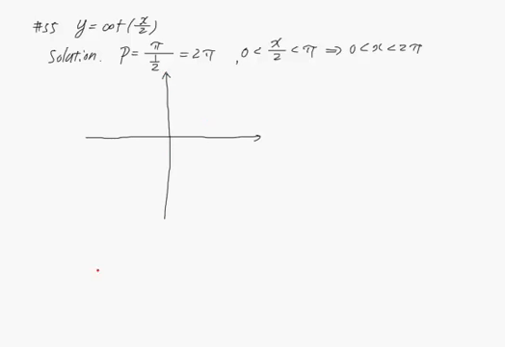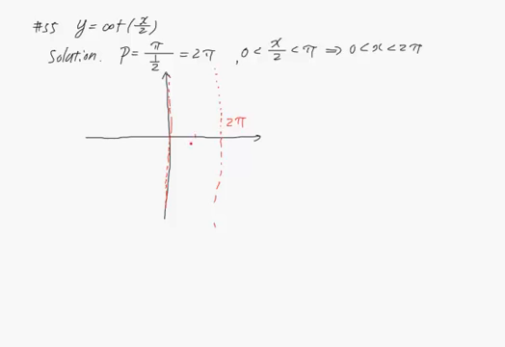So let's first draw the two vertical asymptotes. At x equals 0, we have a vertical asymptote, and at x equal to 2 pi, we have another vertical asymptote.